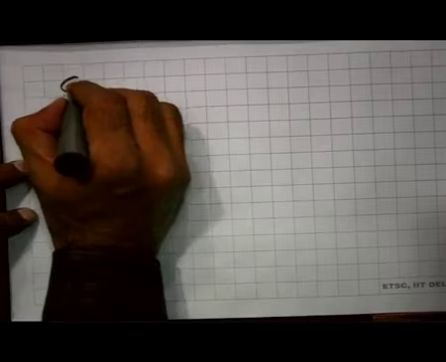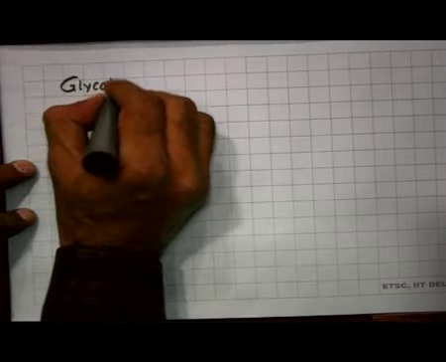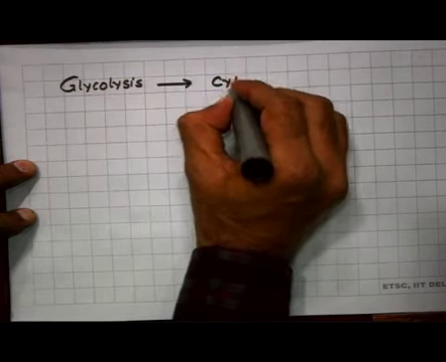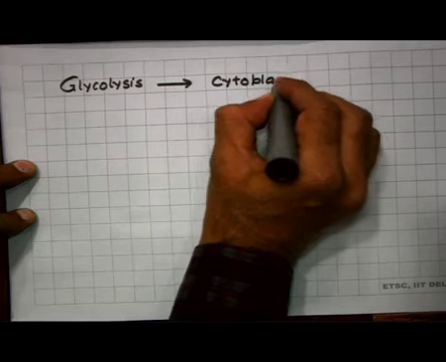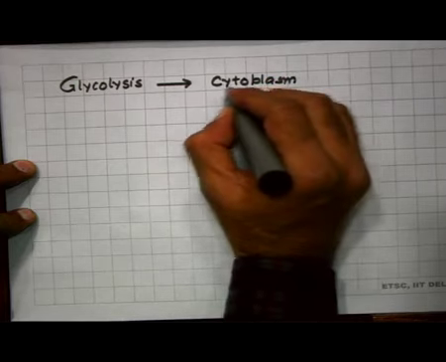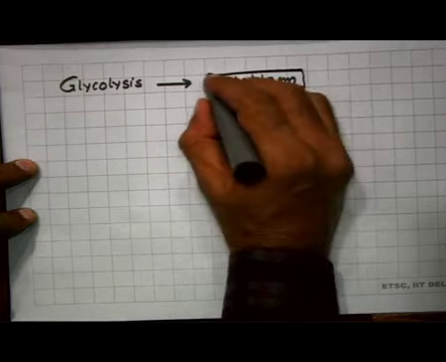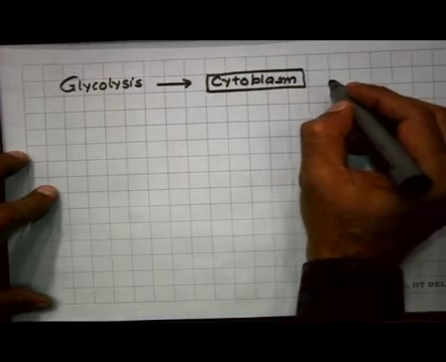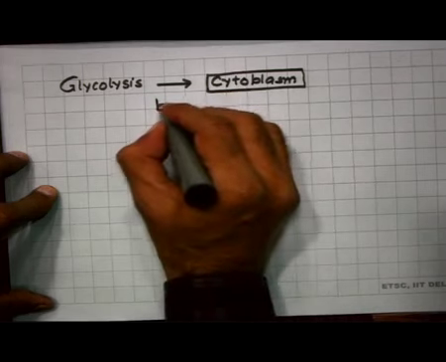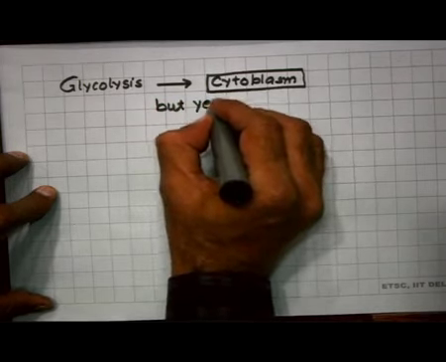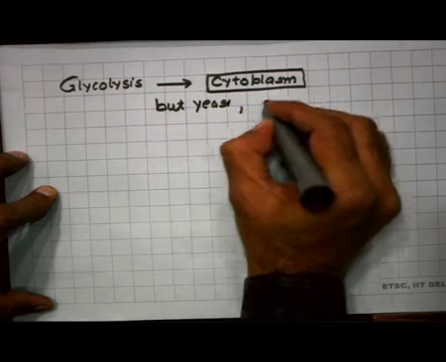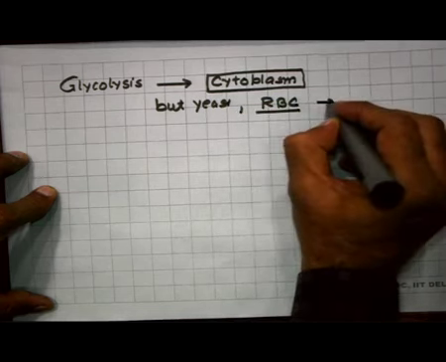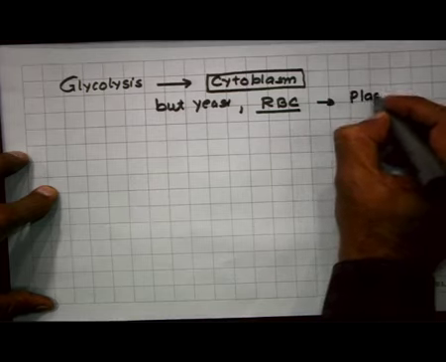Glycolysis takes place in the cytoplasm, generally in all aerobic or anaerobic organisms, but in case of yeast and RBC, red blood cell, it occurs in the plasma lemma.